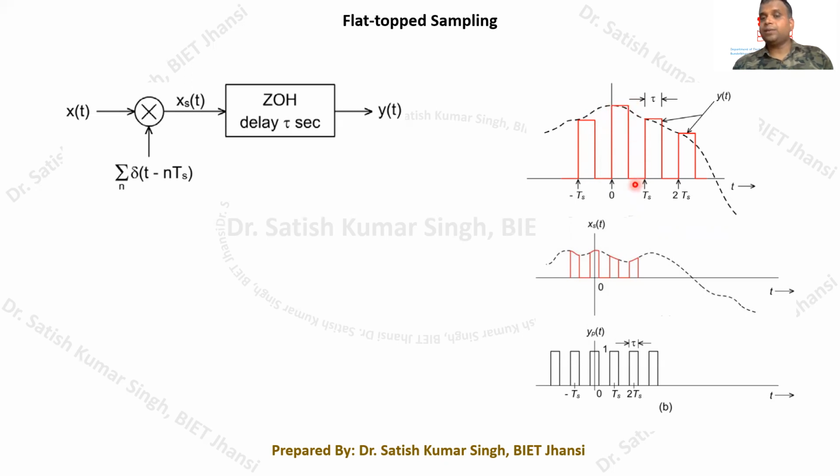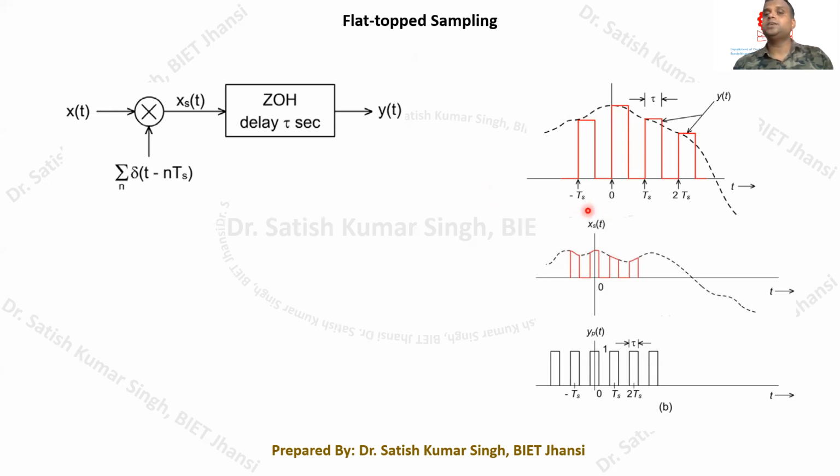As compared to pulse train sampling, you will find that there the pulse was taking the shape of our message signal. Whatever be the amplitude of the message signal, the same shape was taken by the pulse train also. But in this case, it is not so. In the case of flat top sampling, this top will be flat. That's why its name is flat top sampling.